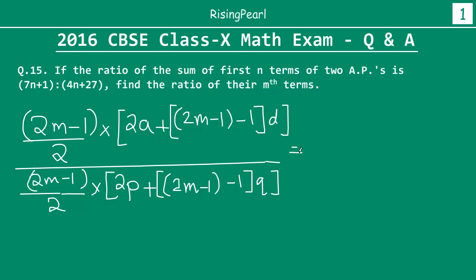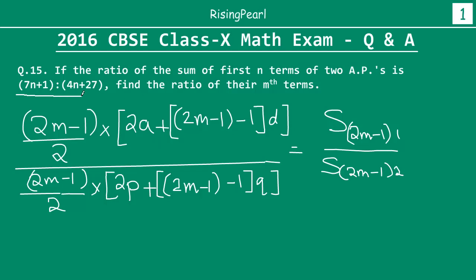Right? So this is nothing but the sum of the first 2m minus 1 terms for the first series divided by the sum of the first 2m minus 1 terms of the second series. But we know that they are given by this formula.